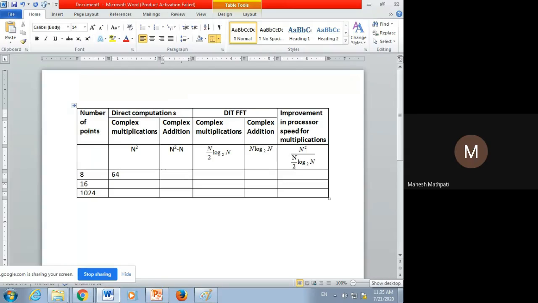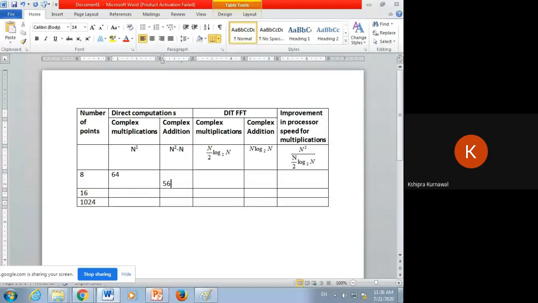It is 64 minus 8, which is 56. Okay. Then next, (n by 2) log to the base 2 of n requires 12, and for addition it is 24, as we already calculated.